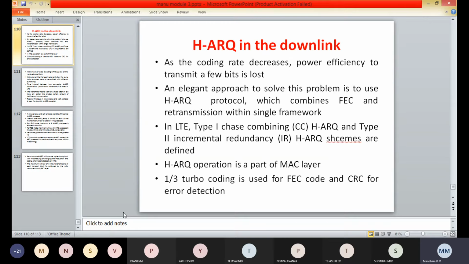In LTE, both type 1, that is chase combining, and type 2, that is incremental redundancy, HARQ schemes have been defined. The HARQ operation is part of the MAC layer, while the physical layer handles the soft combining.